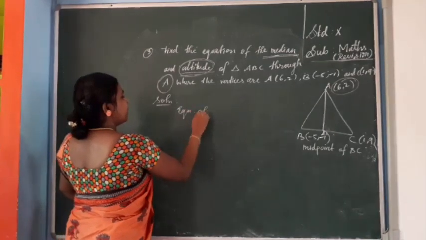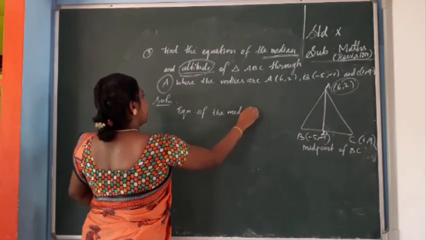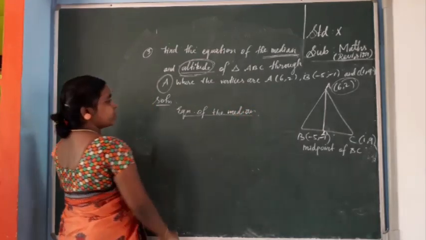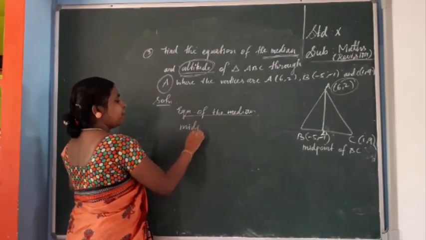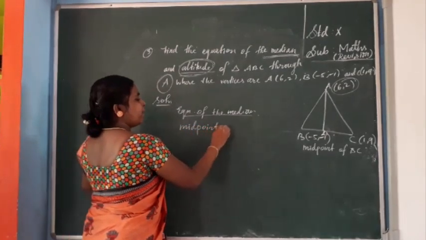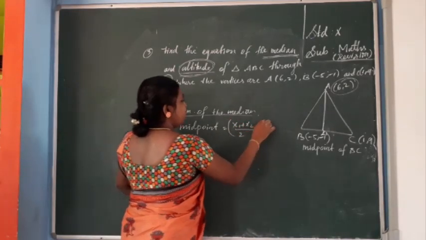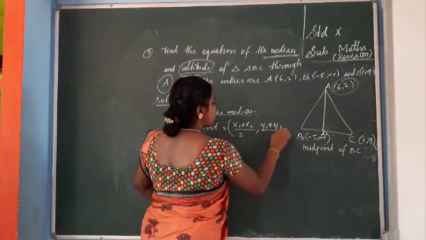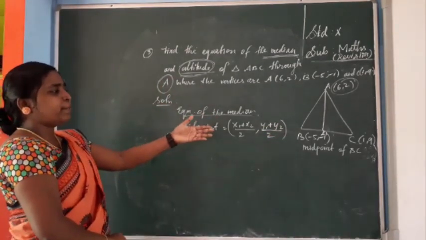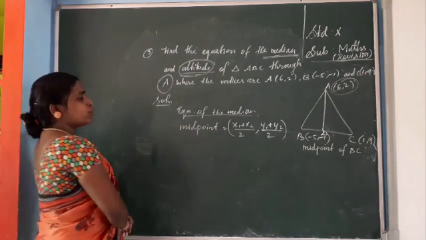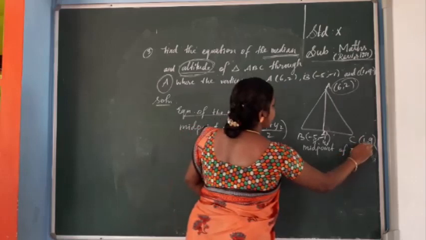Equation of median. So two parts are there, so this is the right-hand side you start. First the midpoint. What's the formula for the midpoint? You know, the midpoint formula is (x1 plus x2 by 2, y1 plus y2 by 2). Isn't it? So now we are going to find the midpoint of BC. So B is x1 y1, then C is x2 y2.